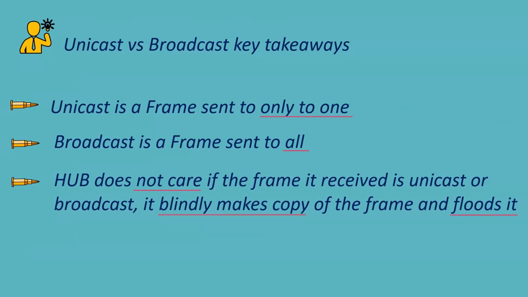It doesn't know what is inside the frame. It simply makes a copy of the frame and floods it. The hub, as I mentioned, has no intelligence. It doesn't look at any field. It is just blindly making copies of the frame and flooding them out of the other ports. The hub is indeed a dumb device.